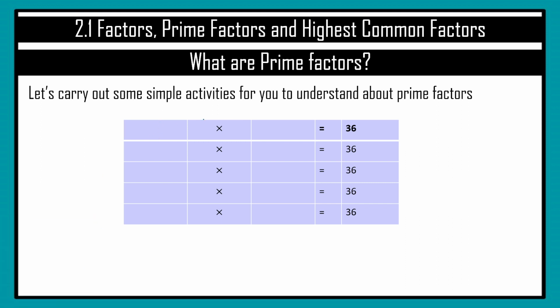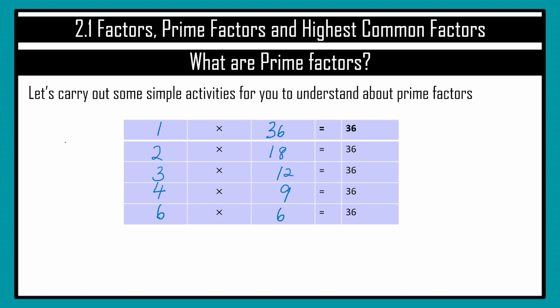For 36, our factors will be 1 multiply 36, 2 multiply with 18, 3 multiply with 12, 4 multiply with 9, and 6 multiply with 6.